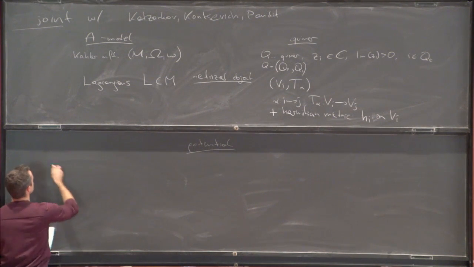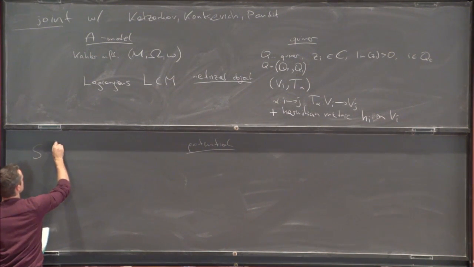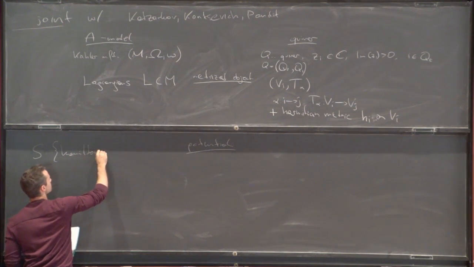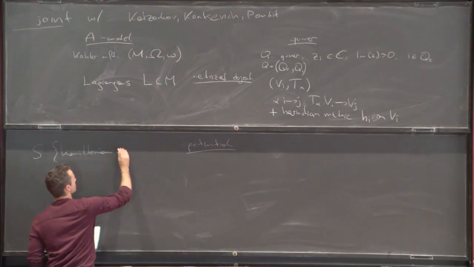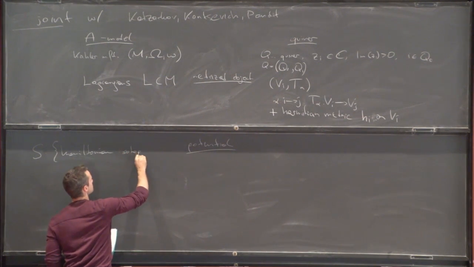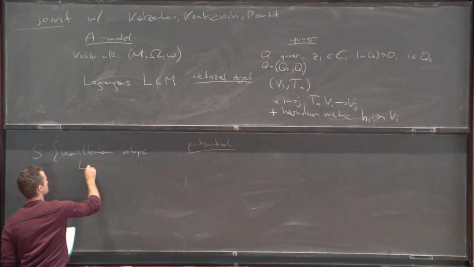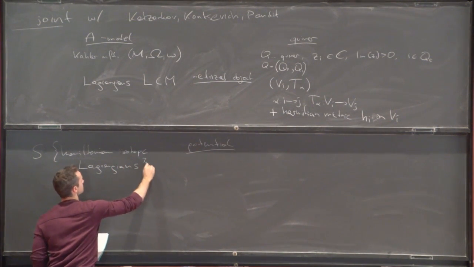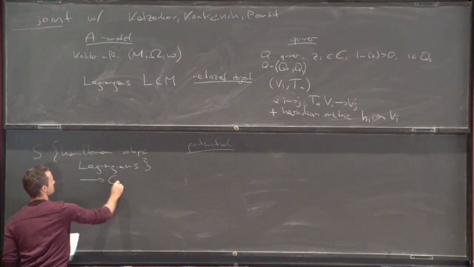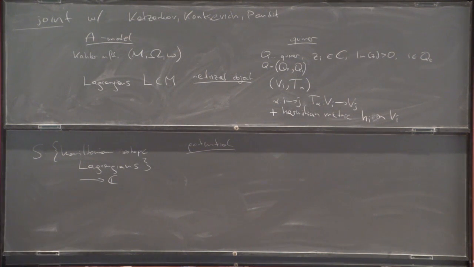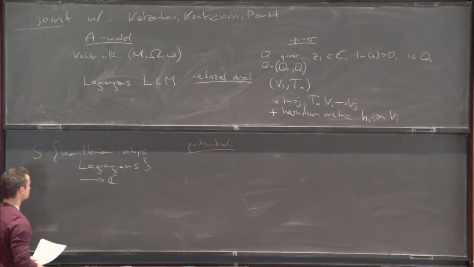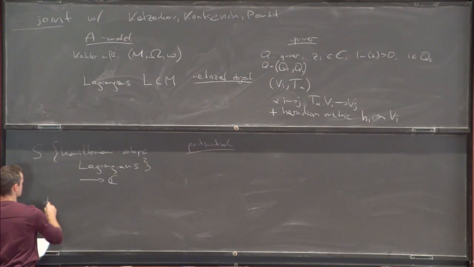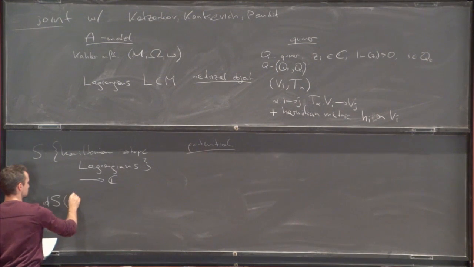So here I have S, from some set of Hamiltonian isotopic Lagrangians going to complex numbers. It's defined indirectly, by its differential, a one-form. So dS of some function f.